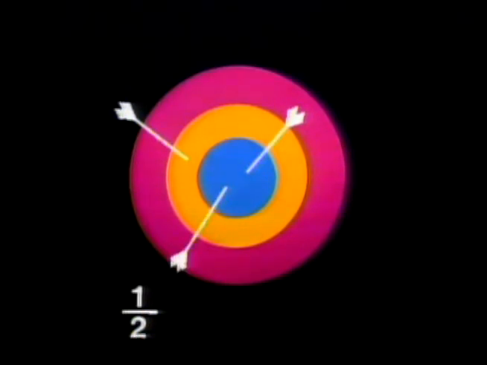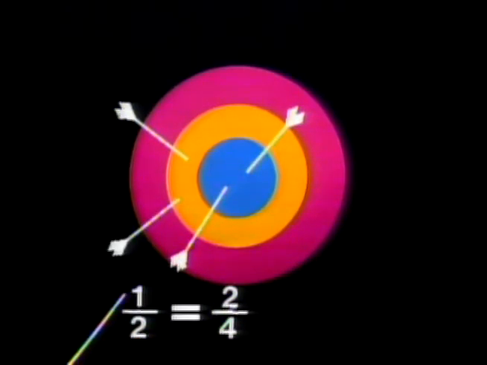We're interested in comparing the number of bullseyes with the number of tries. We know that 1 bullseye out of 2 tries represents the same degree of success as 2 out of 4 tries. This is because we doubled the number of bullseyes from 1 to 2 and the number of tries from 2 to 4.